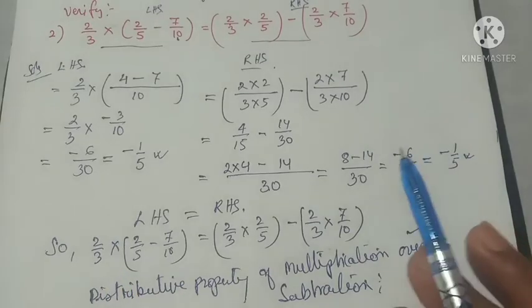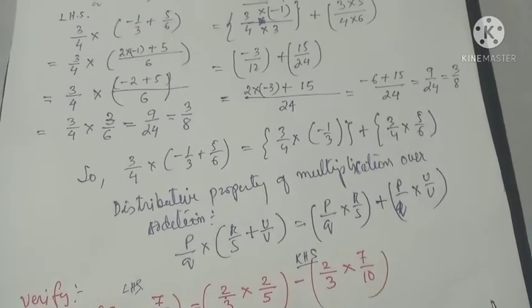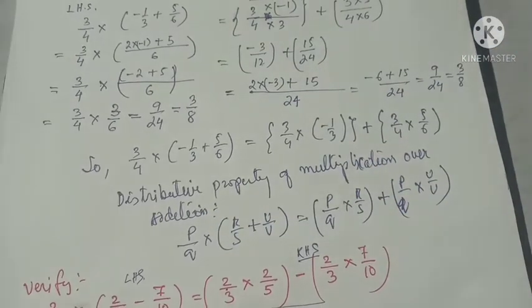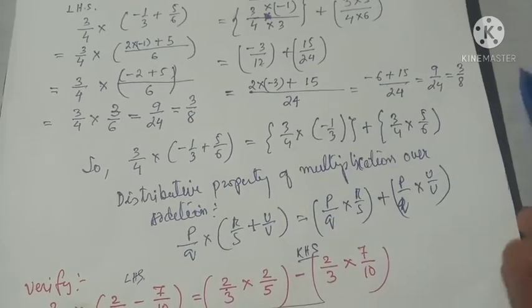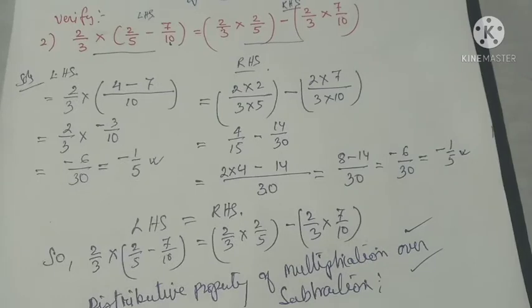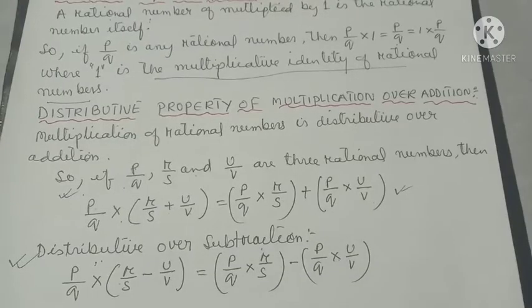So likewise, we have calculated two examples. The first one is the distributive property of multiplication over addition, which we have proved. The second one is the distributive property of multiplication over subtraction, which we have also proved. Understand? After verifying, we have calculated two examples of the distributive property of multiplication over addition and over subtraction.